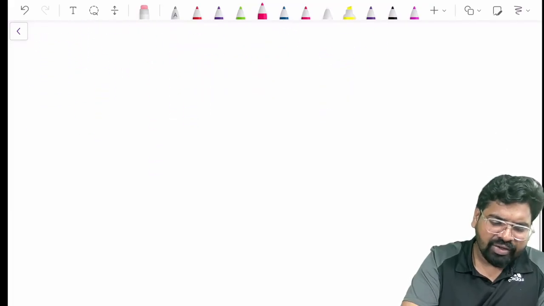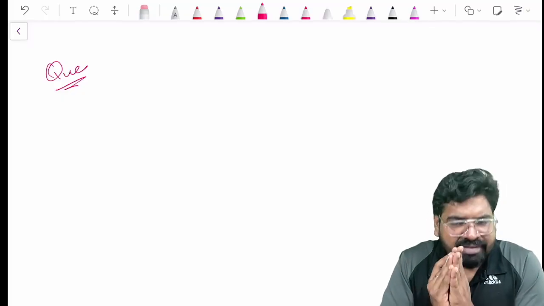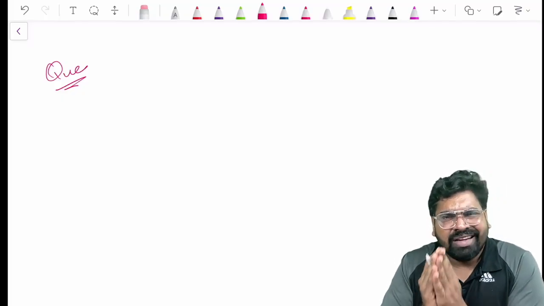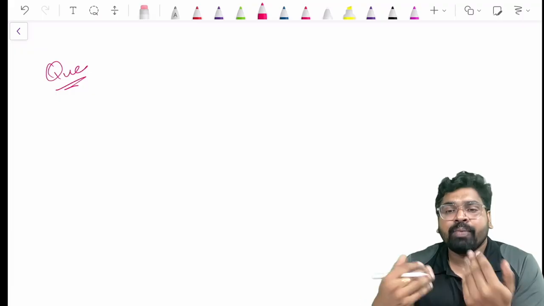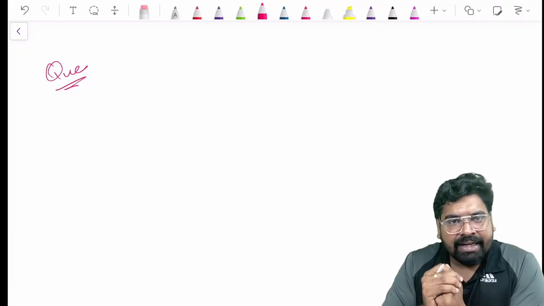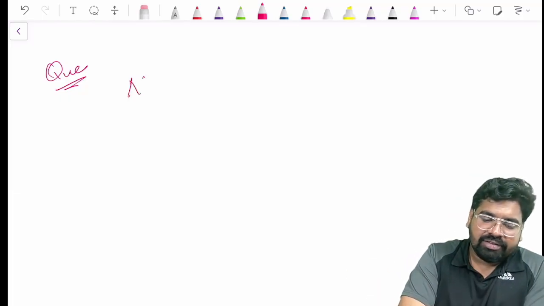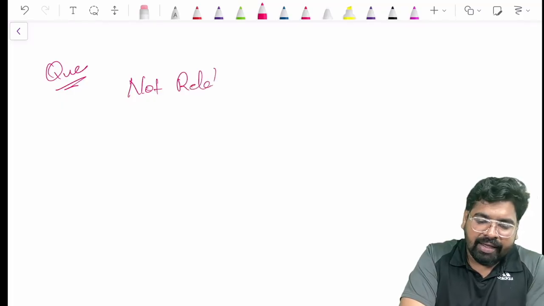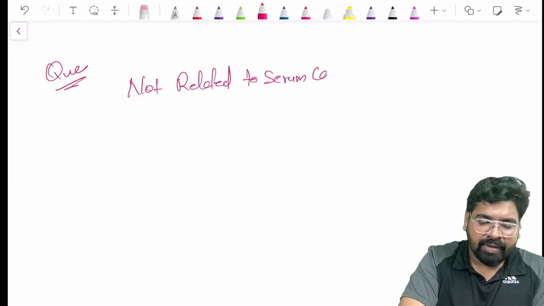Now, there are certain concept based questions in this. Is the formation of sialolith related to the serum calcium? So a person is having more calcium, will he get a sialolith? This is not related. The sialolith is not related to your serum calcium. It doesn't matter.